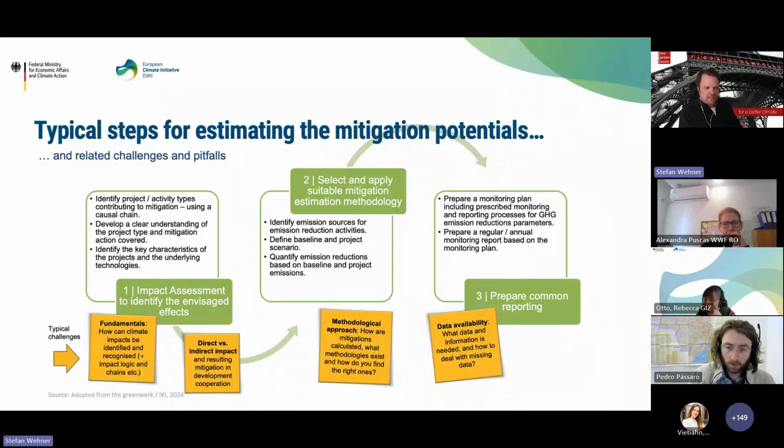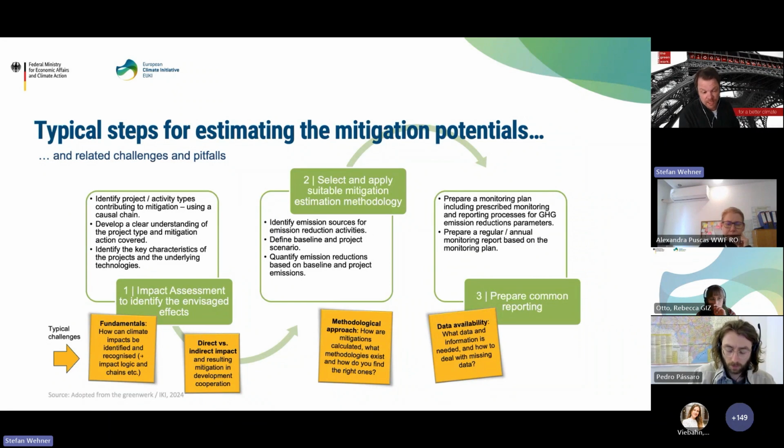So this kind of clear understanding will help you to identify impacts, identify the underlying technologies that would lead to a change in energy demand, energy supply, and ultimately in reduced emissions or enhanced emission reduction.